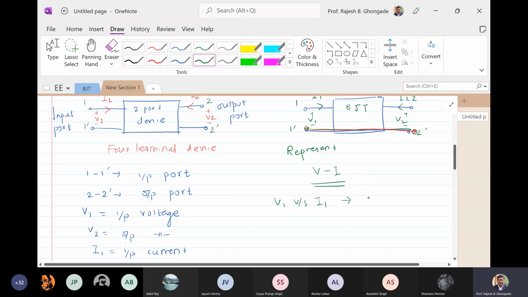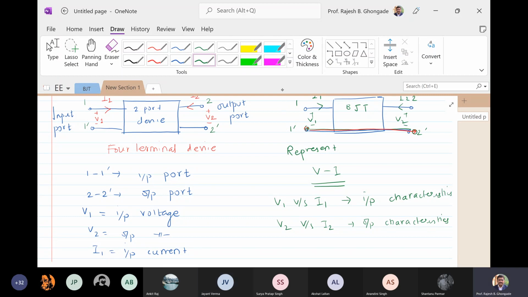You call it as the input characteristics. If you plot V2 versus I2 or I2 versus V2, doesn't matter really here, you call this as the output characteristics. Is this clear to all of you? Yes, sir.